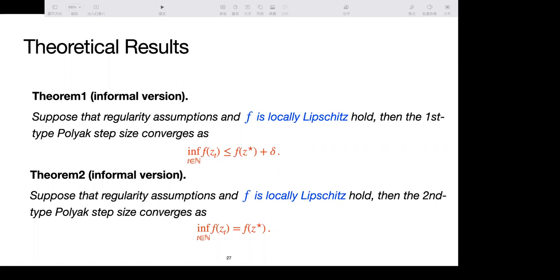Okay, and I have another question. Here the optimization problem you are considering, is it unconstrained or constrained optimization? Oh, it's a constrained optimization problem. Okay. So do you assume that the number of constraints is finite, or is it possible that you can have infinitely many constraints?